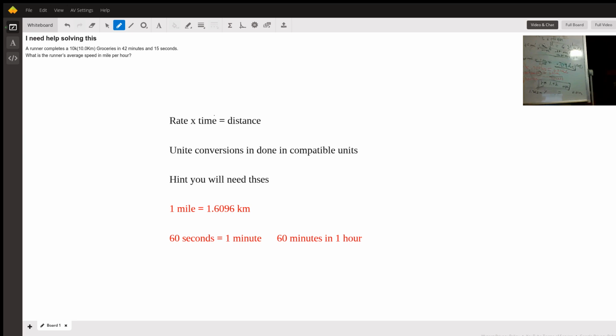I'm just checking my answer here just to make sure. Average rate times miles per hour. We're not getting the right time. Rate, 1.42.